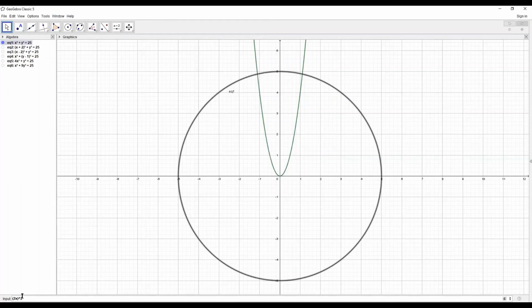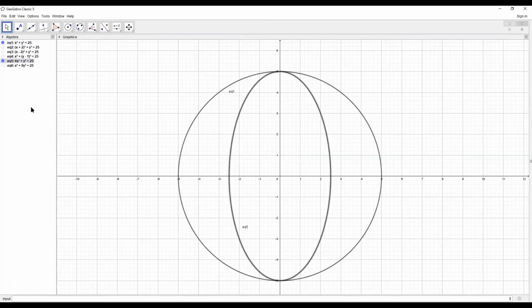Now here, down in this little box, you'll notice that the 2x, after it's been squared, actually shows up in the equation up here as 4x squared, because of course when you square 2x, you get 4x squared. So here we see that compression, and you can see that the overall ellipse, which is this compressed circle, has x values with half the distance that they had before. The circle goes from -5 to +5, 10 units.